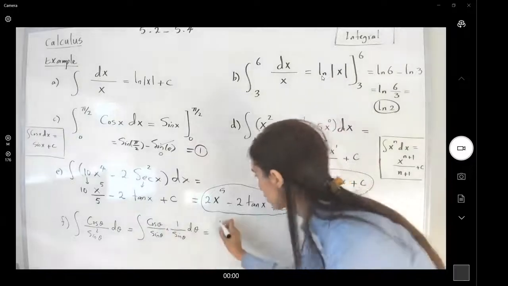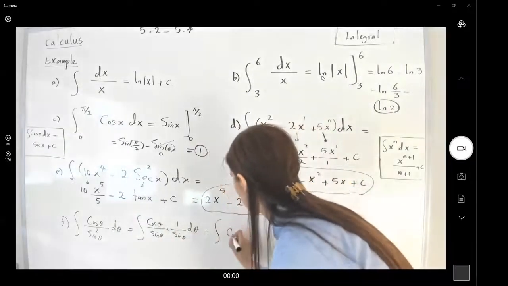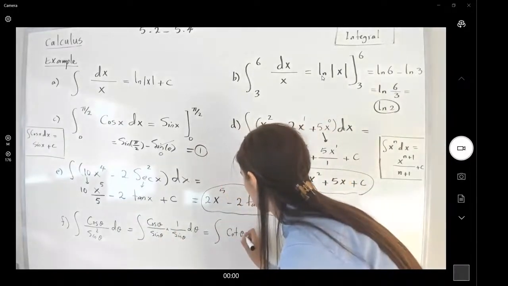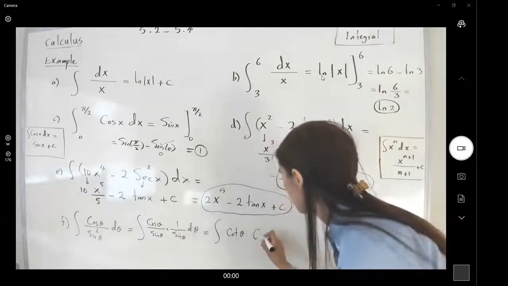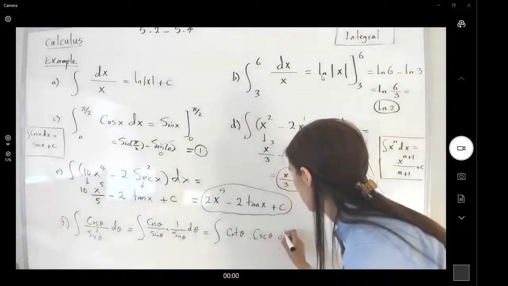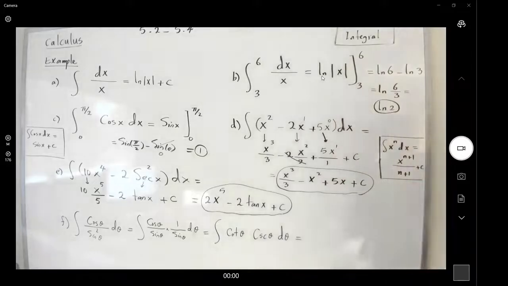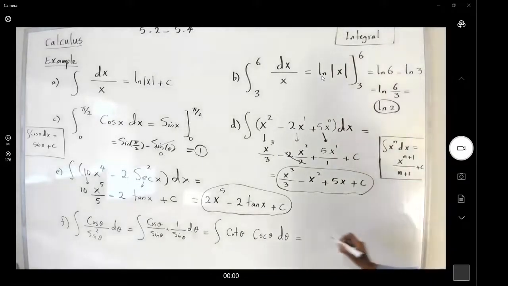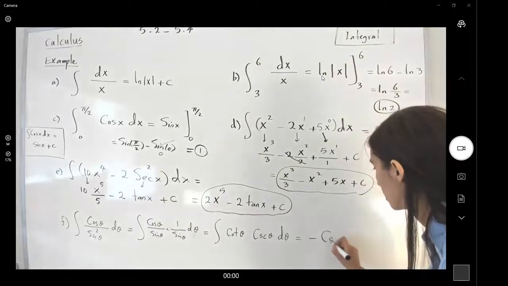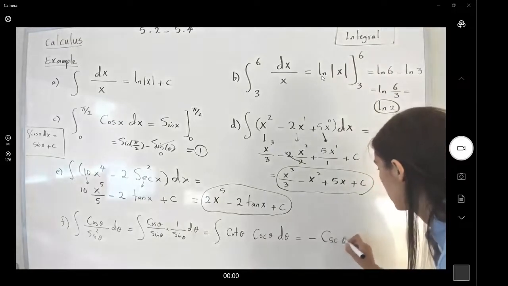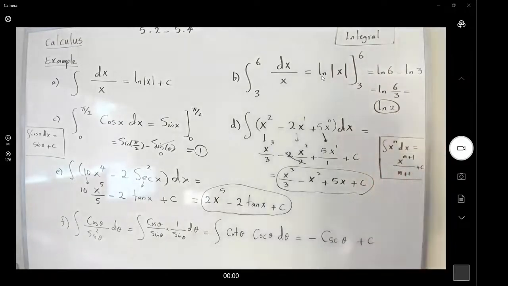So I have the integral of cotangent times cosecant d theta. And since we have the integral of cotangent times cosecant, we just learned that this is equal to minus cosecant of theta plus constant of integration.